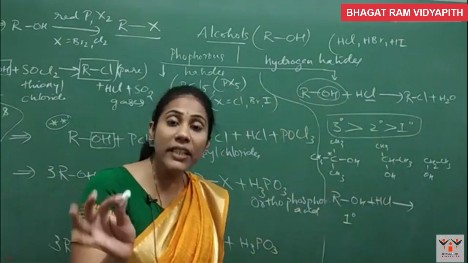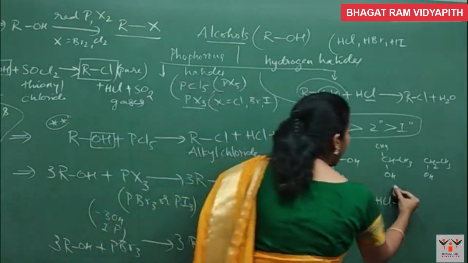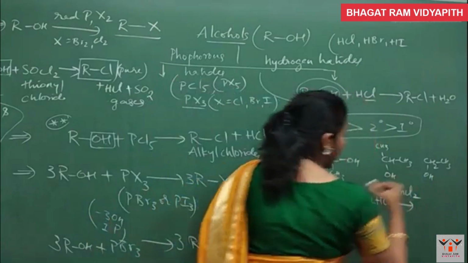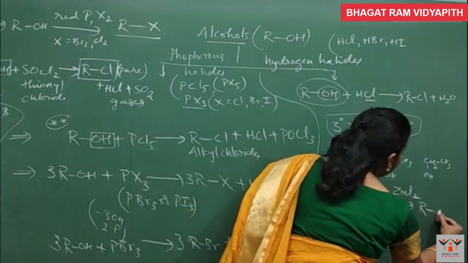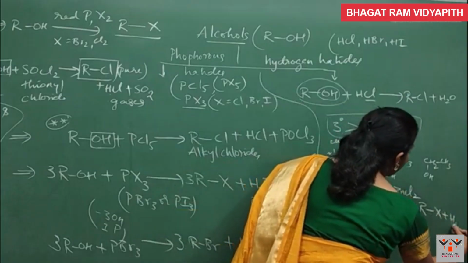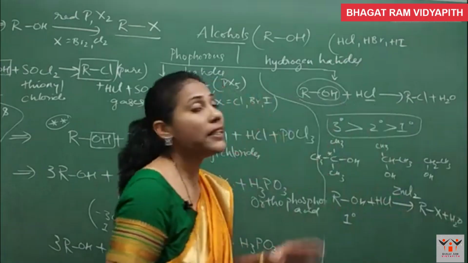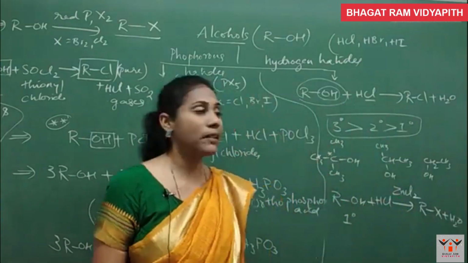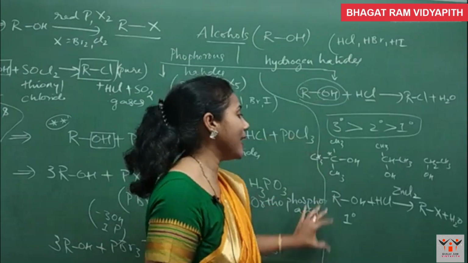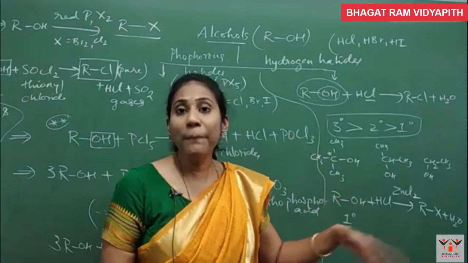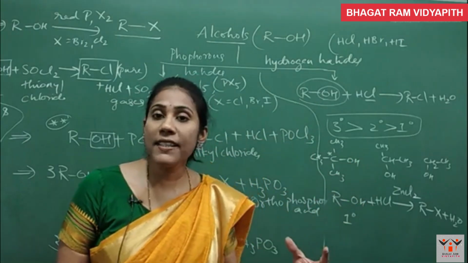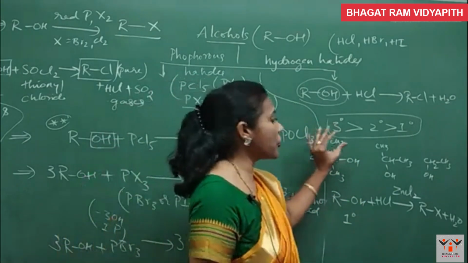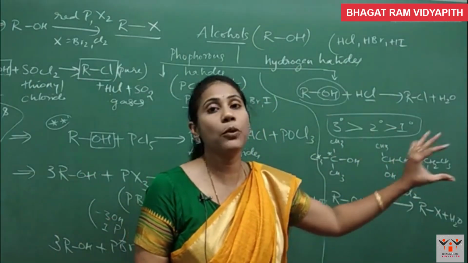So here you need a catalyst called anhydrous ZnCl2. Only in the presence of a catalyst can you get the product RX plus H2O. So that is the major point you need to remember. The alcohol that you take has to be more reactive to get the product easily. So which alcohol is more reactive? It is always tertiary, more reactive than secondary, more reactive than primary.